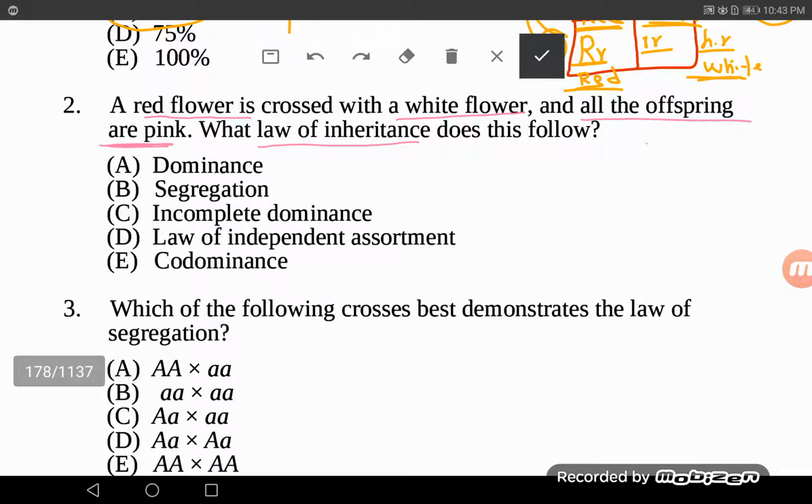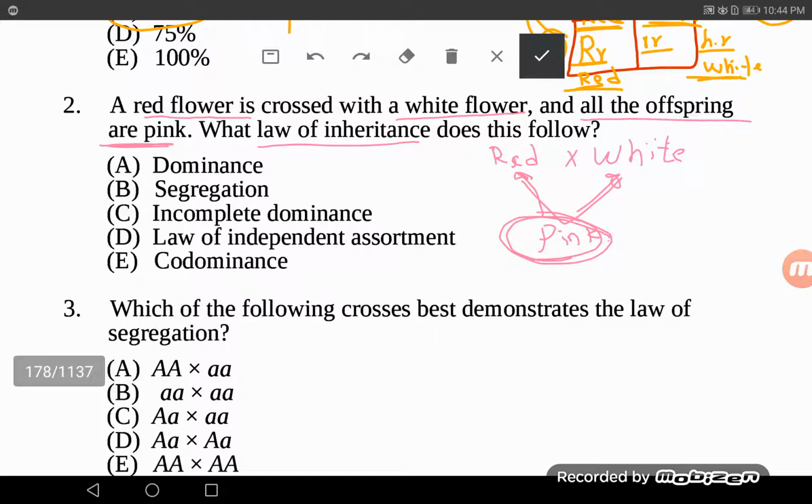When we cross a red flower with a white flower, the offspring will be pink. It is a color between the red and the white, so the phenotype of this flower is neither red nor white, it is something between them.